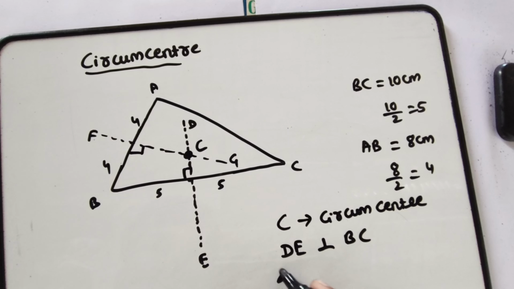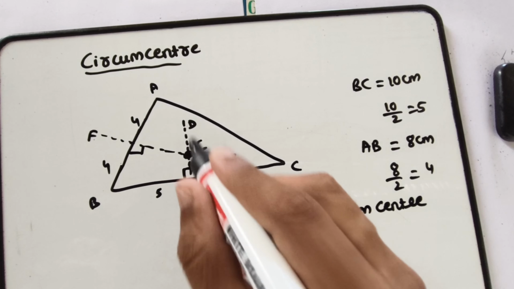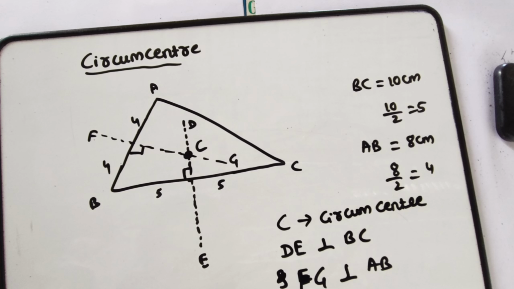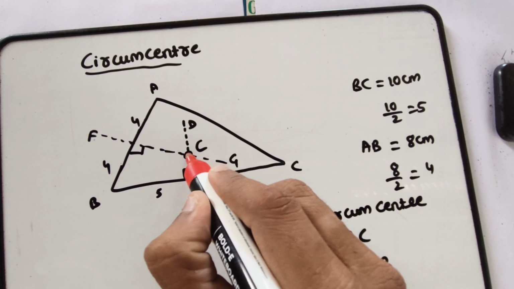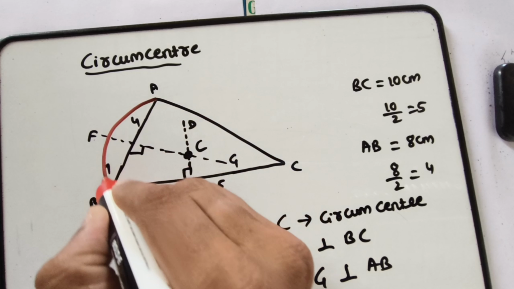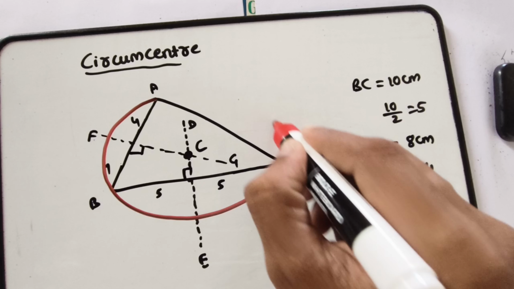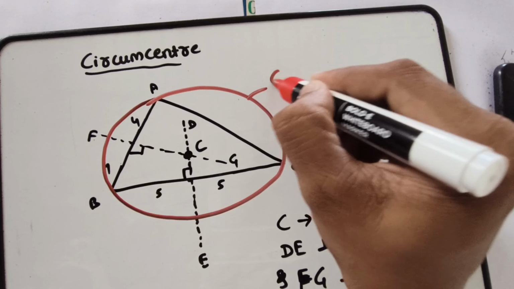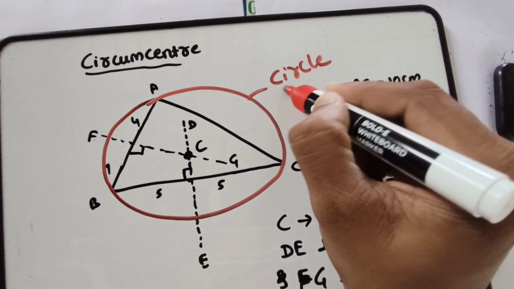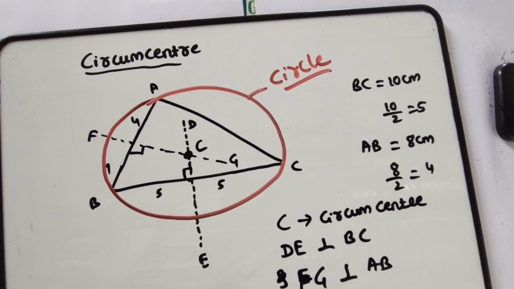Now here you can see DE is perpendicular to BC and FG is perpendicular to AB, and these perpendicular bisectors meet at one point inside the triangle, that is C. With this center, I can draw a circle like this. If it is to this point, we will get a perfect circle. This is known as circumcenter.